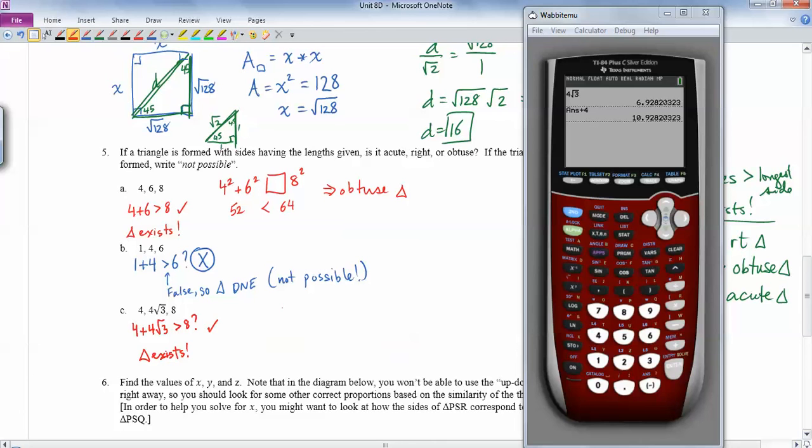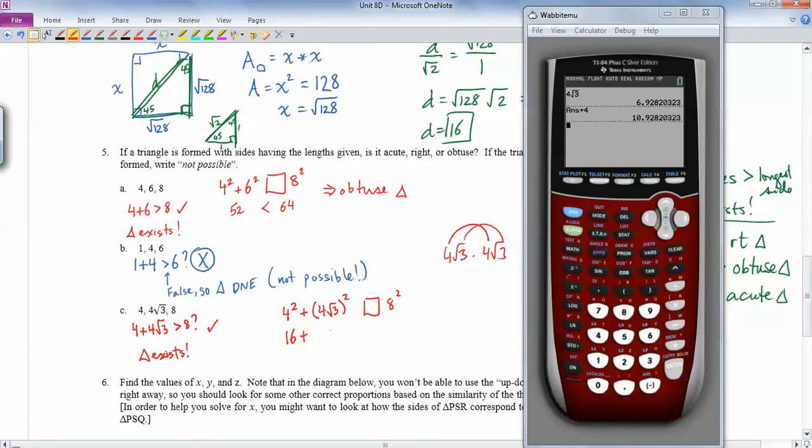So then we plug them into Pythag to see what happens. 4 squared plus, and then you have to square all of 4 root 3, and we're going to compare that to 8 squared. You could do this on a calculator, you just have to remember to put the 4 root 3 in parentheses. But if we didn't use a calculator, 4 squared is 16. 4 root 3 times 4 root 3, 4 root 3 squared: you multiply the 4s and you multiply the root 3s.